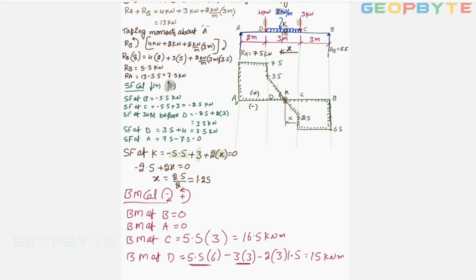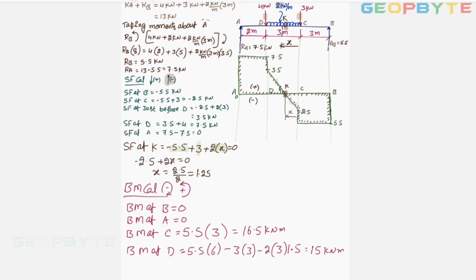So BM at C I got 16.5 kilonewton meter. BM at D is 15 kilonewton meter. Is the BM calculation part completed? No, not completed, because you have to find the maximum bending moment at section K. At that section K the bending moment is maximum, because the SF diagram changes its sign from negative to positive.